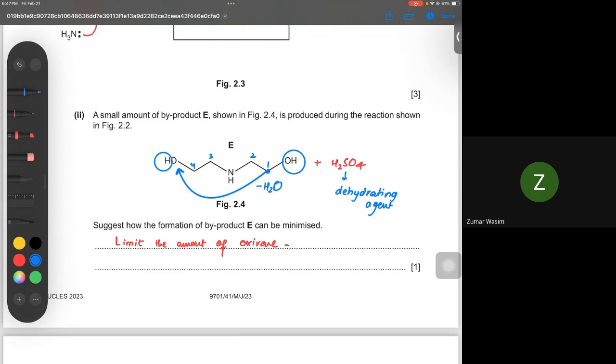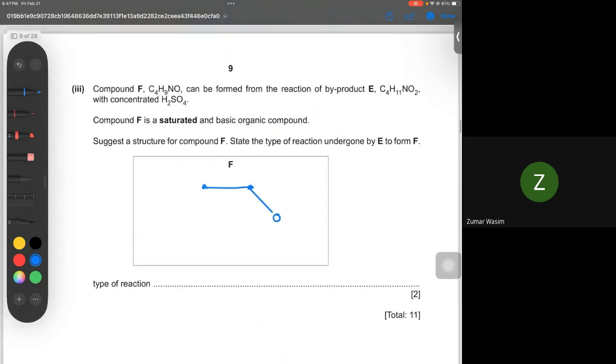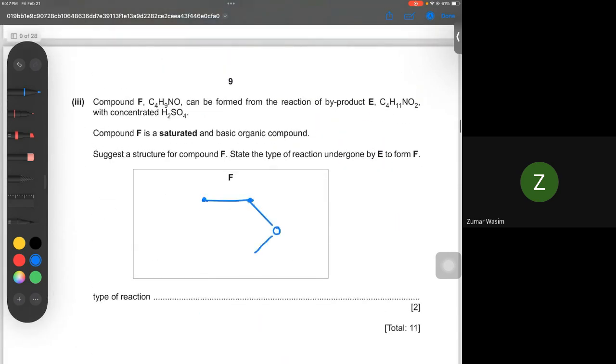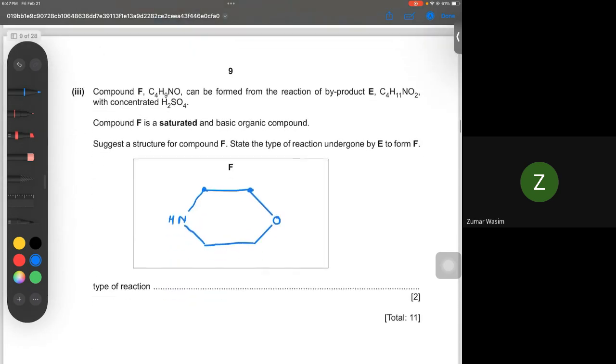It would be making a ring. And here are two remaining carbon atoms, and then we have the NH bond. That's it. This is the structure for compound F.